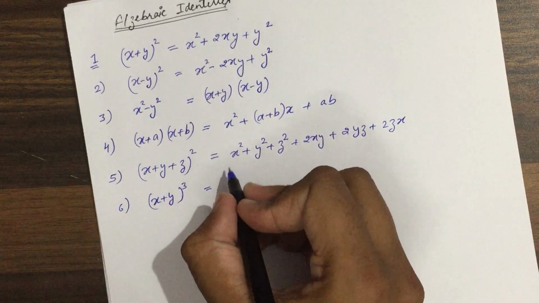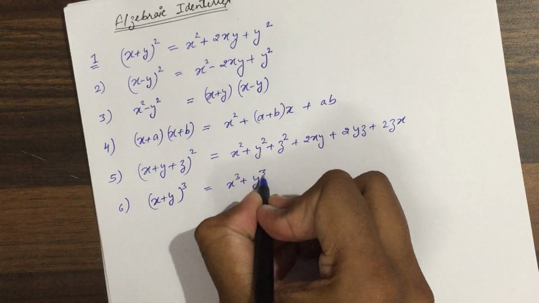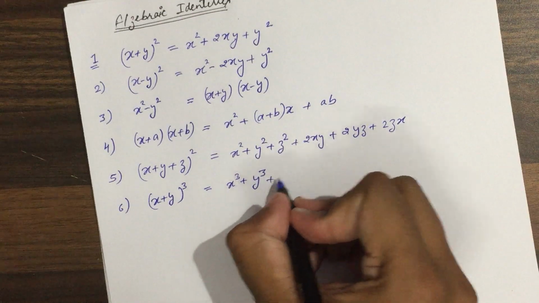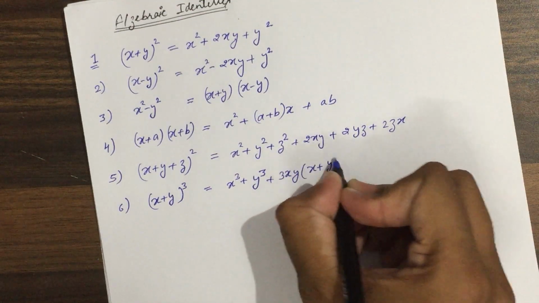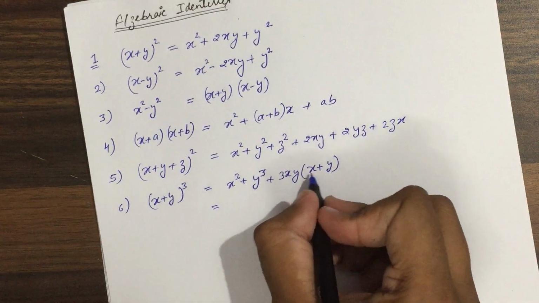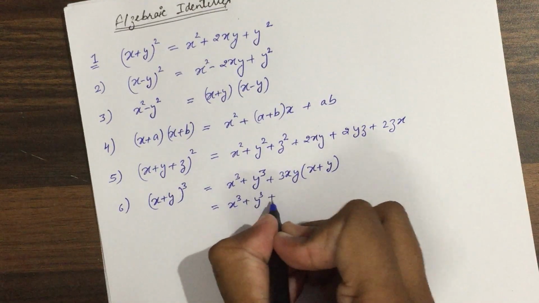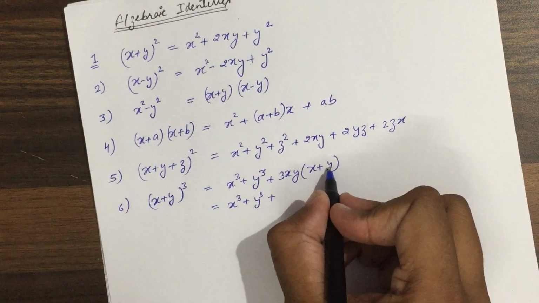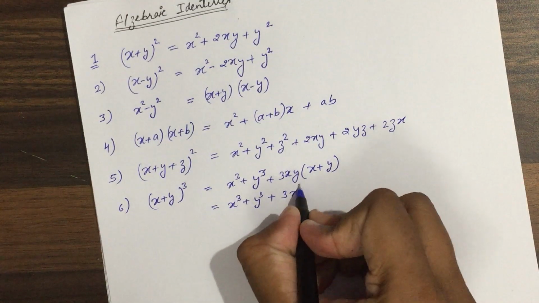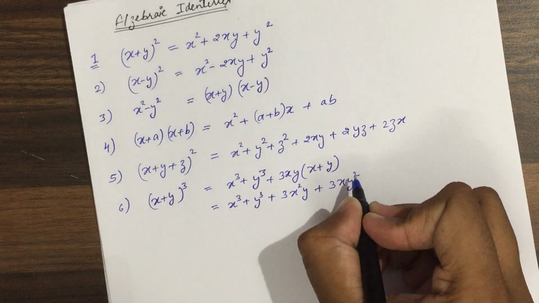This will give you x cube plus y cube plus 3xy multiplied with (x + y). Now you can again open the bracket and it will become x cube plus y cube plus 3xy multiplied with x and then with y. So it will become 3x square y plus 3xy square.